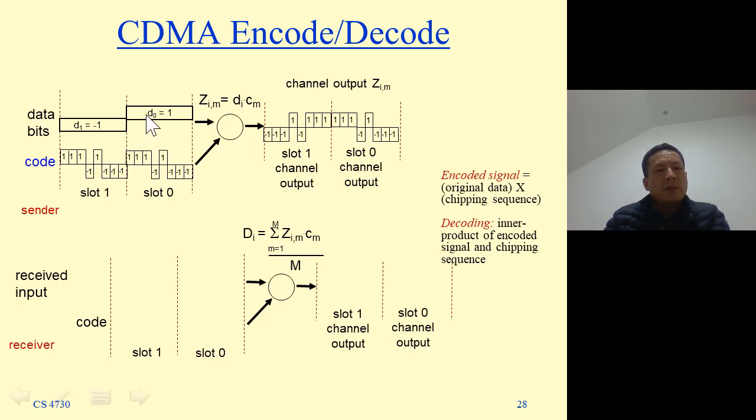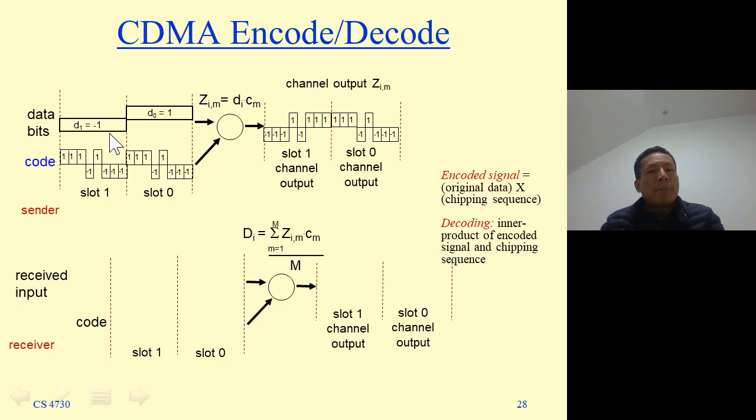You have a -1 and a 1 in two slots that you want to send out, and we select the chipping sequence for this sender. Suppose that you are assigned a chipping sequence, in this case 1 1 1 -1 1 -1 -1 -1. This is 8 bits, so the spreading factor is 8.